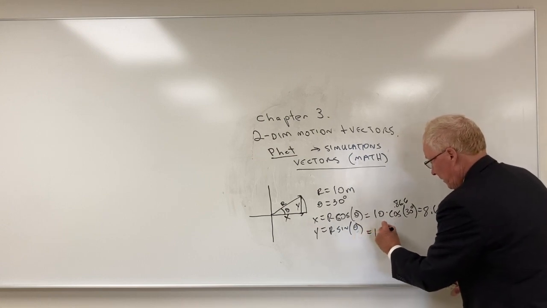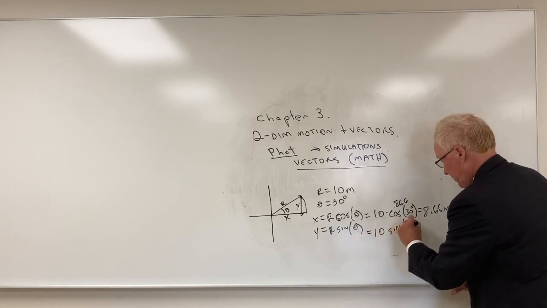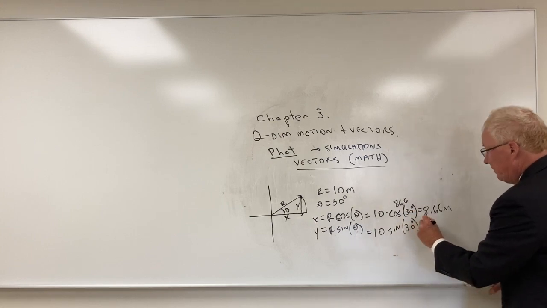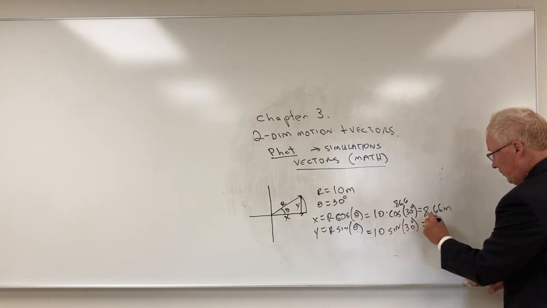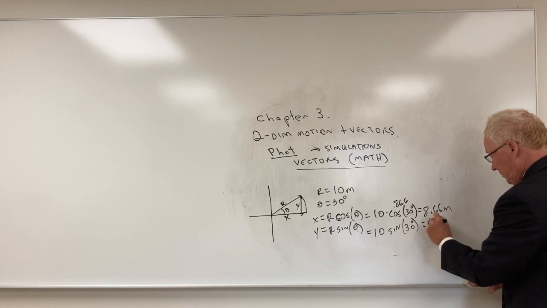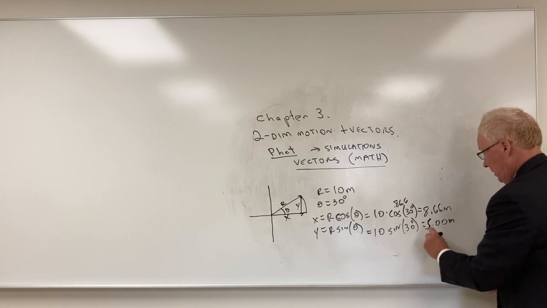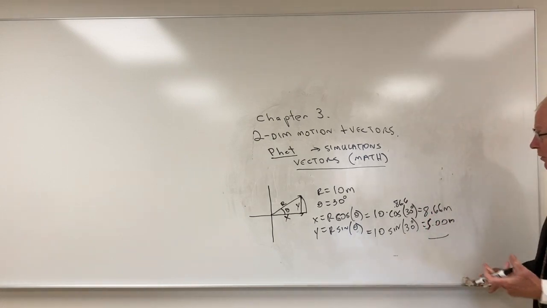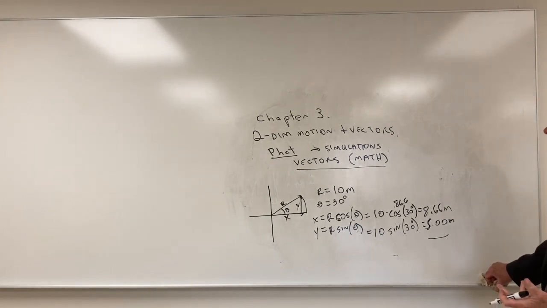Y would be 10 times the sine of 30 degrees, which is 1/2, so this would be 5.00 meters. So that's how we do a component method.